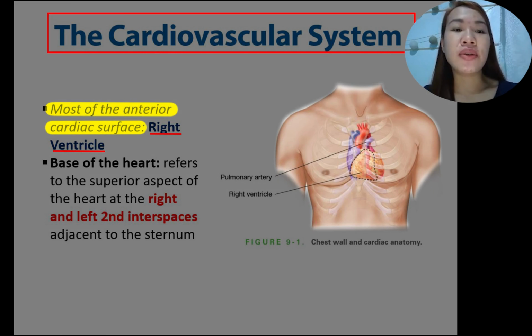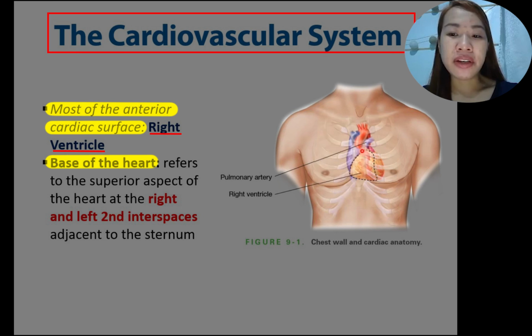The first thing that you need to know is that the most anterior cardiac surface is occupied by the right ventricle. And in this photo, it is outlined in black dotted lines. As we can see here, class, the inferior border of the right ventricle lies at the level of the sternum and the xiphoid process, while the superior surface is being tapered inferiorly, forming what we call the base of the heart.